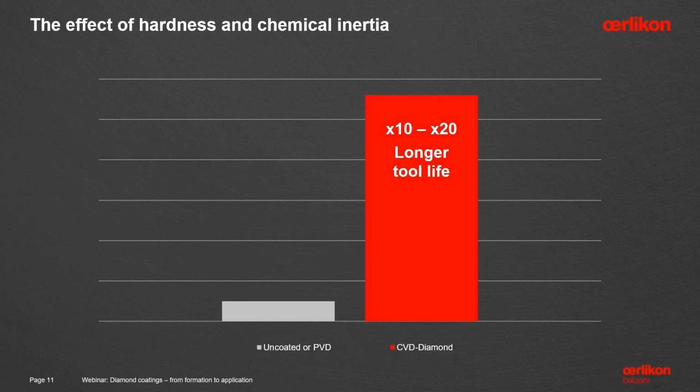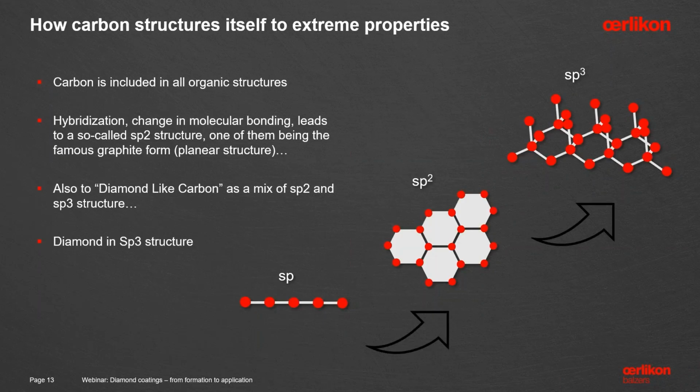So here it's very general, but that's what I've seen also personally along industry application, that you easily have a tool that will run 10 to 20 times longer through the hardness of a diamond coating versus an uncoated or PVD carbide tool.